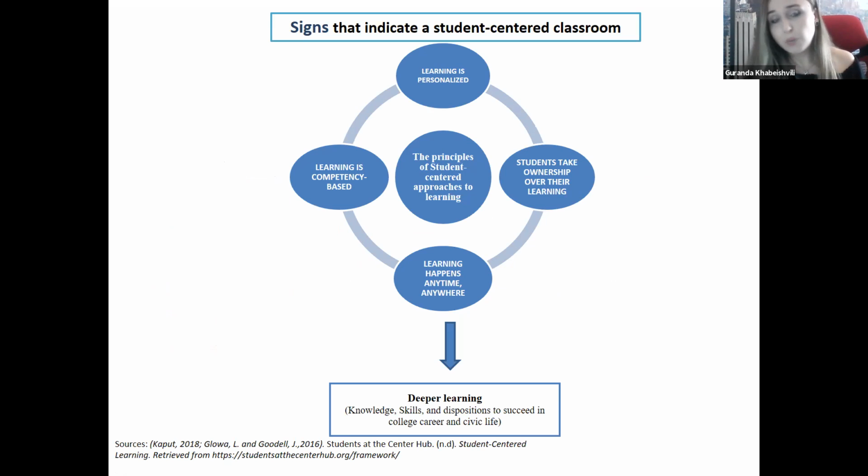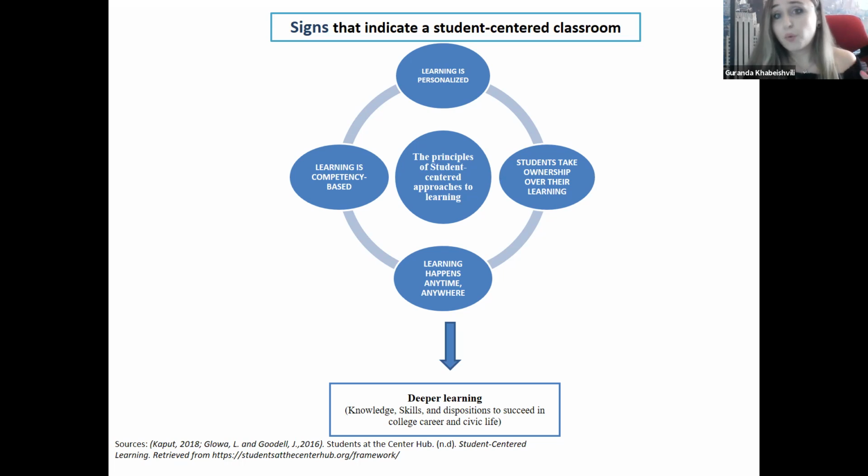When we say learning is personalized, this is what we call the needs and interests: the learning is designed in a way that all kinds of learners benefit. When we say learning is competency-based, that means all students know what is expected from them, and they try to achieve the learning outcomes.